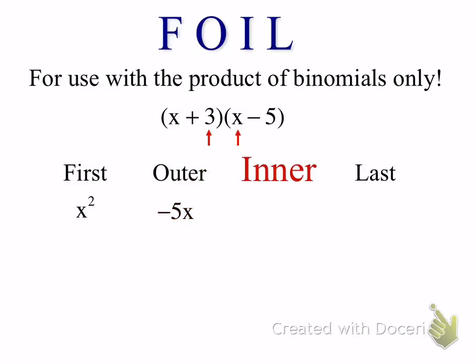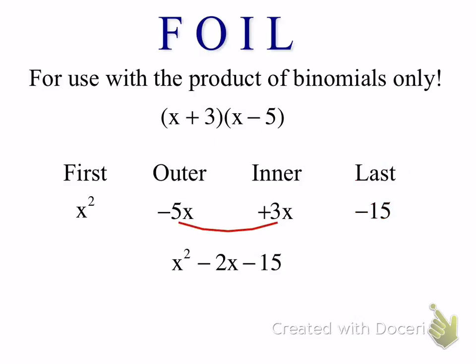And my last terms, please, Teddy. Negative 5x. Nope. My last terms are the last of each binomial. Negative 15. Good. See that? So now I put it all together and I get x squared minus 2x minus 15.